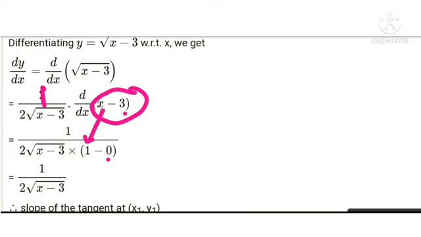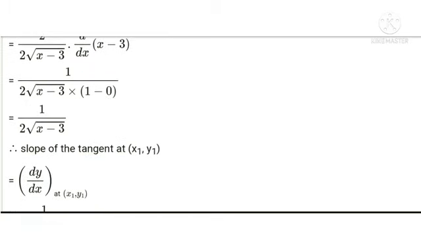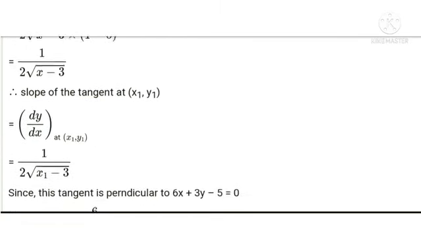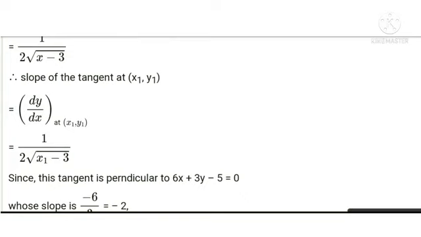So we get dy by dx as 1 by 2 root x minus 3. This is the slope. We have to find the slope. Therefore, the slope of the tangent at (x1, y1) is given by dy by dx at (x1, y1). So we get 1 by 2 root x1 minus 3.